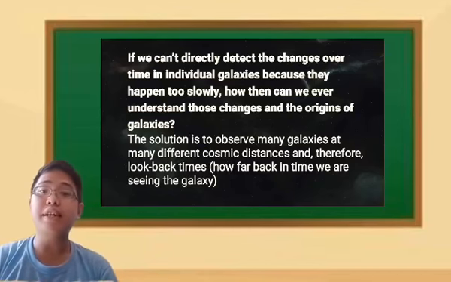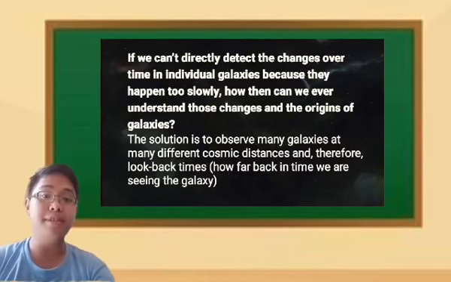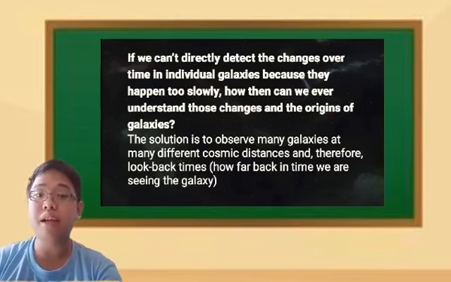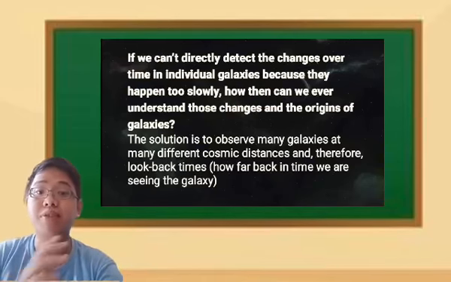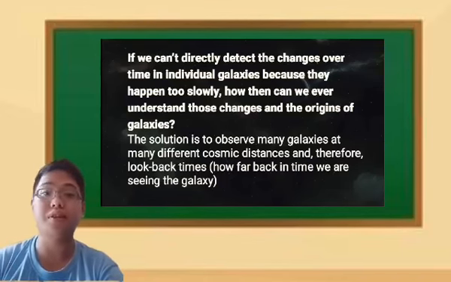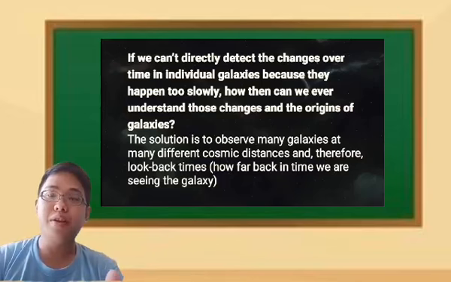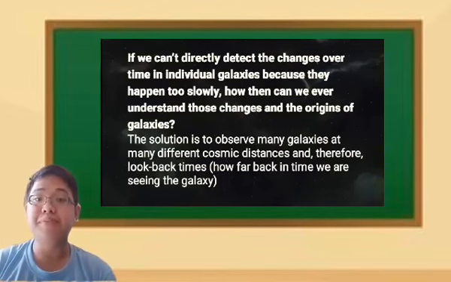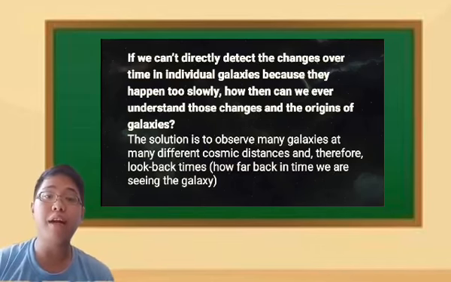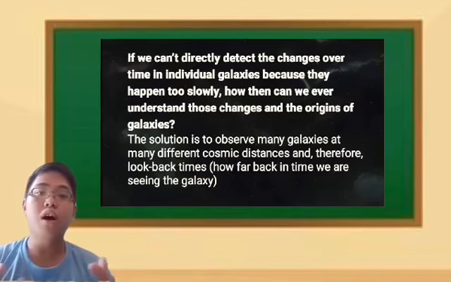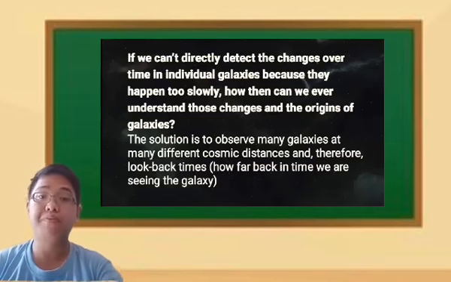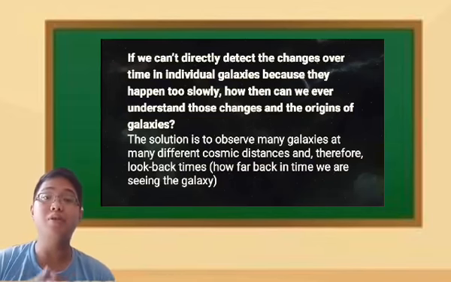If we can study thousands of very distant baby galaxies when the universe was 1 billion years old, and another thousand slightly closer toddler galaxies when it was 2 billion years old, and so on until the present, which is a 13.8 billion year old universe, just like I said earlier. These are the adult galaxies near us today. Then maybe we can piece together a coherent picture of how the whole ensemble of galaxies evolved over time. This allows us to reconstruct the life story of galaxies since the universe began, even though we cannot follow a single galaxy from infancy to old age.